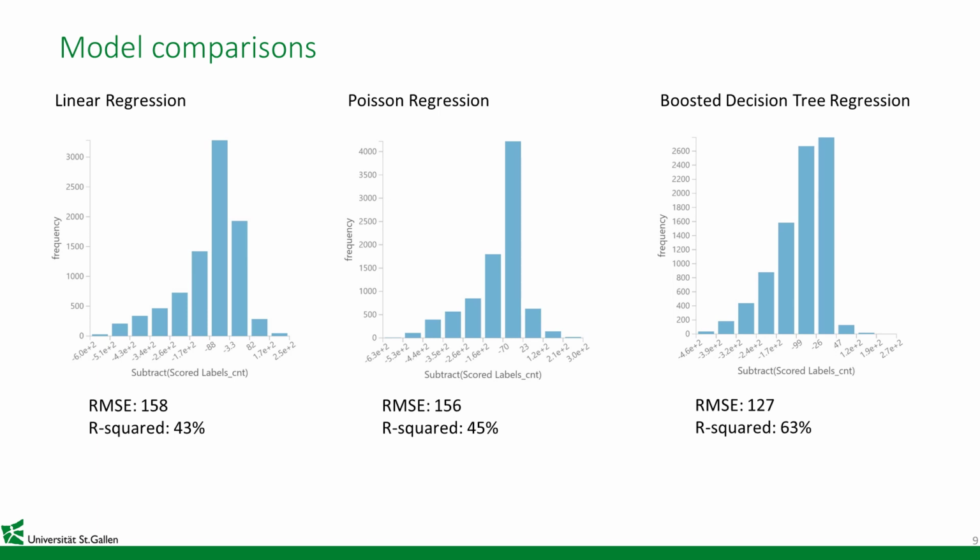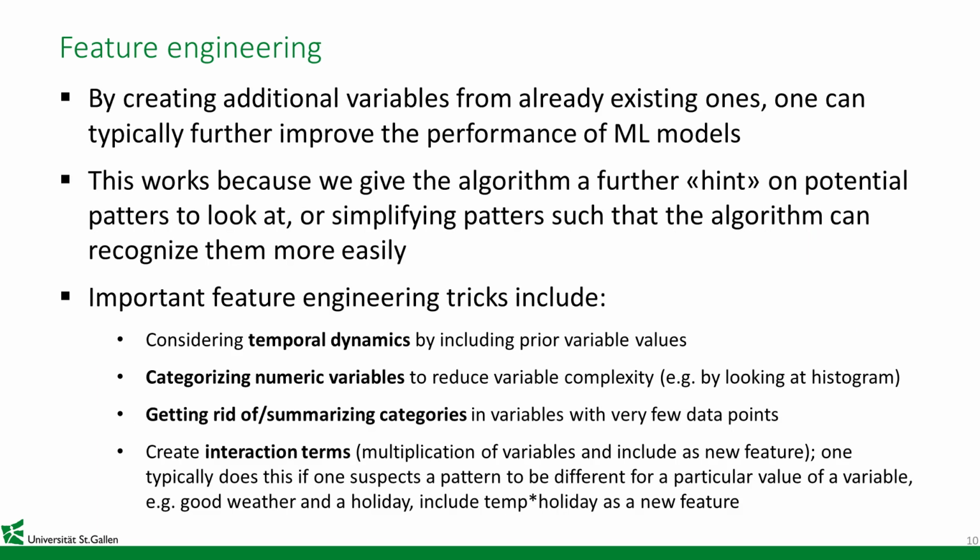It's very important. As I already mentioned a couple of times, by creating additional variables from already existing ones, we can typically further improve the performance of most machine learning models. This works because we give the algorithm a further hint on potential patterns, or by simplifying patterns, the algorithm can more easily recognize them.